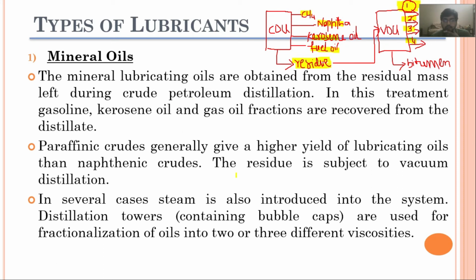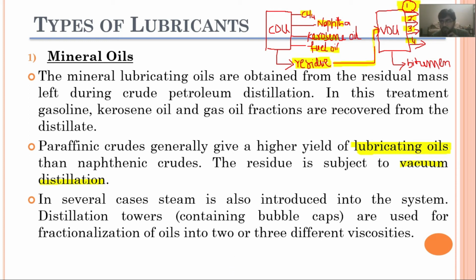These paraffinic crudes generally give higher yield of the lubricating oil than the naphthenic crudes. The residue is then sent to the vacuum distillation unit, where the same phenomena will occur.